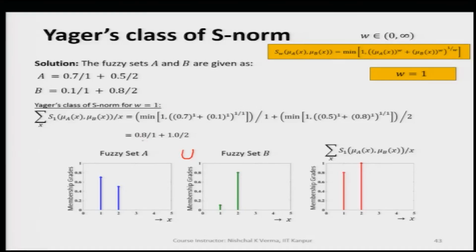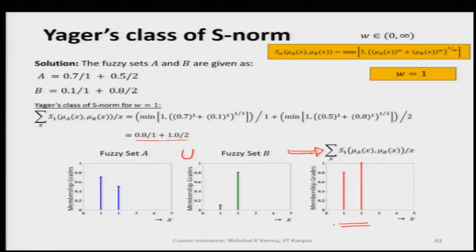When we do that, we find another fuzzy set as a result, which will have two elements. One of the elements will be 0.8 by 1 plus 1.0 by 2. So, when we take the union of fuzzy set A and fuzzy set B, we get another fuzzy set with two elements.